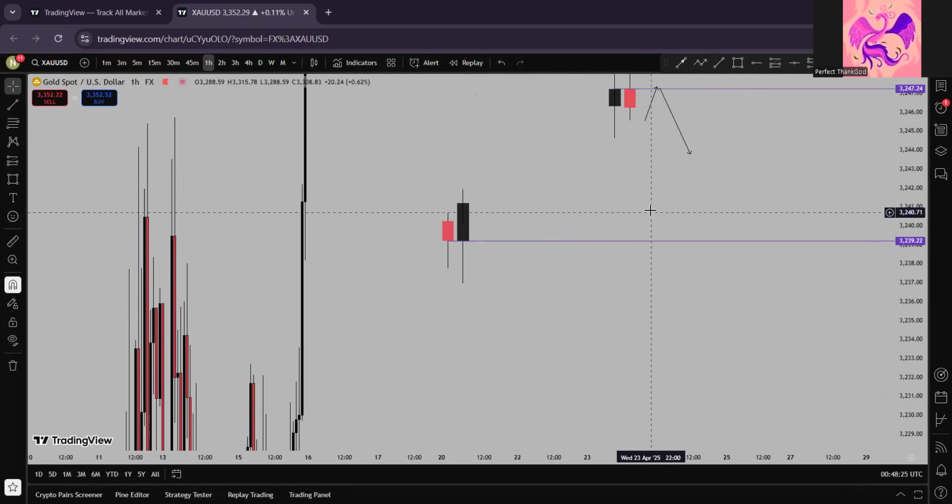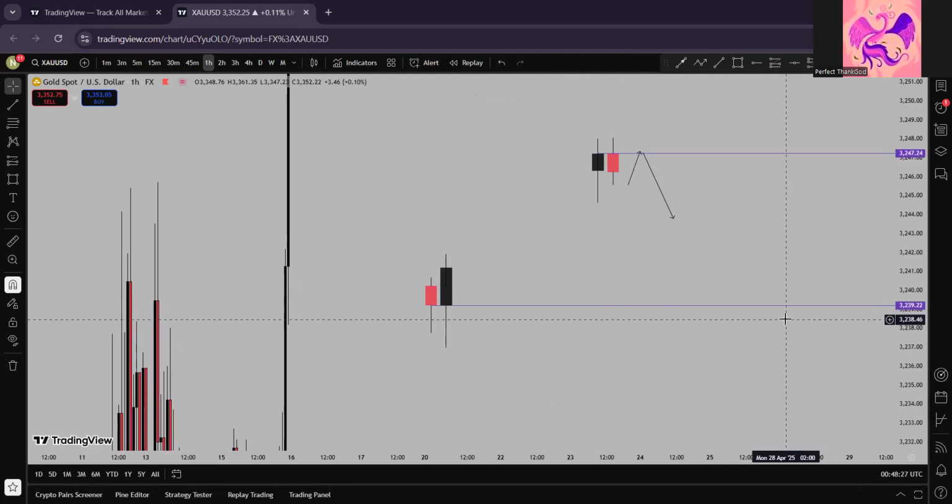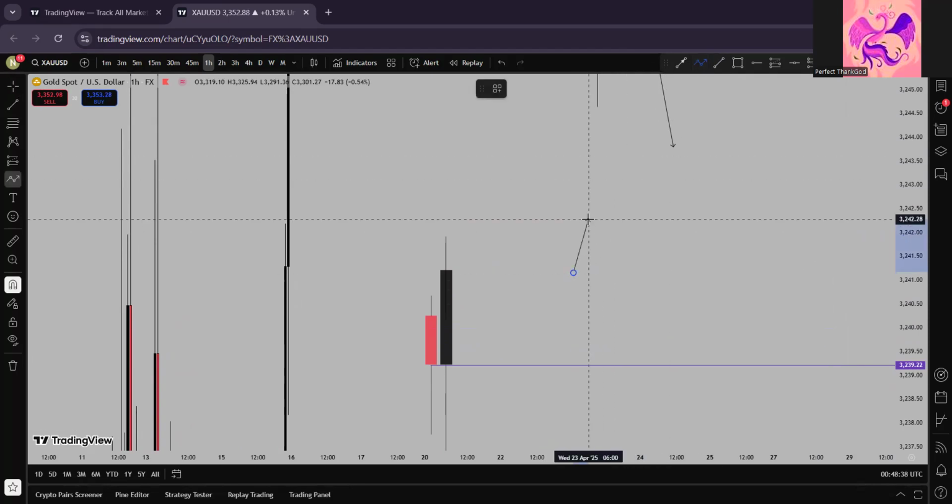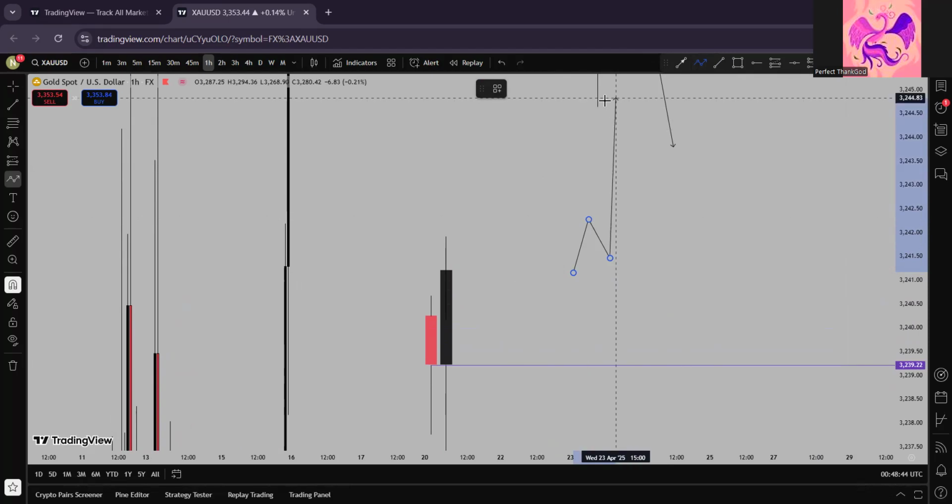So the second one is now, you know how in our normal trading we have something like this, right? When resistance is broken, what happens?